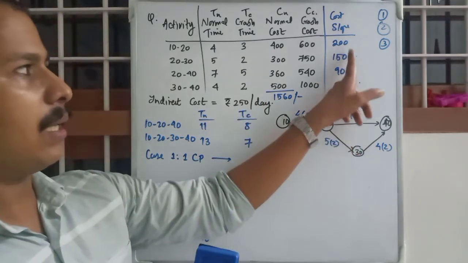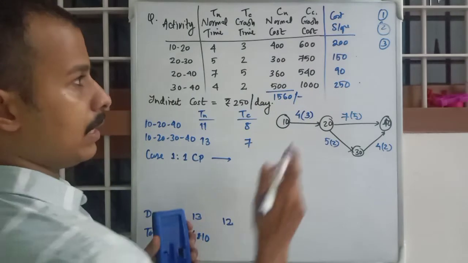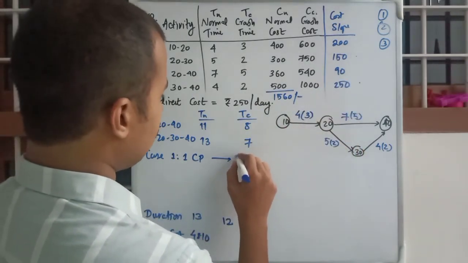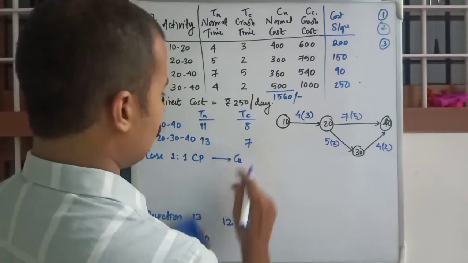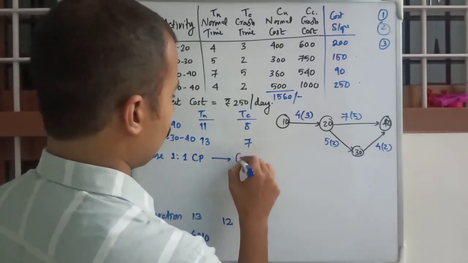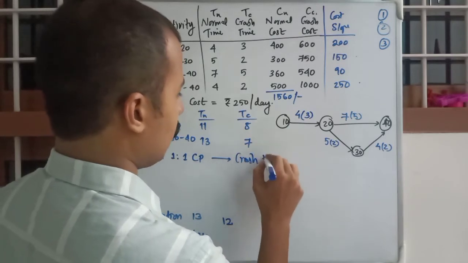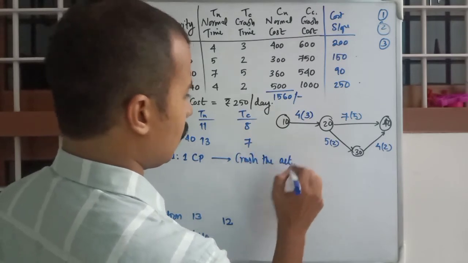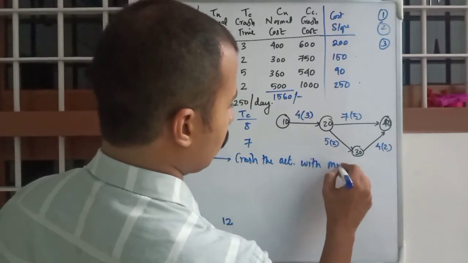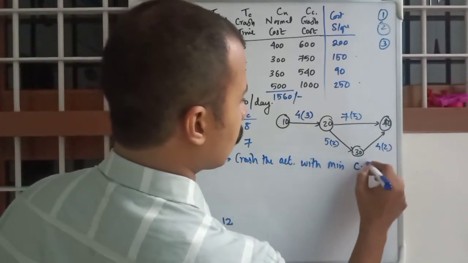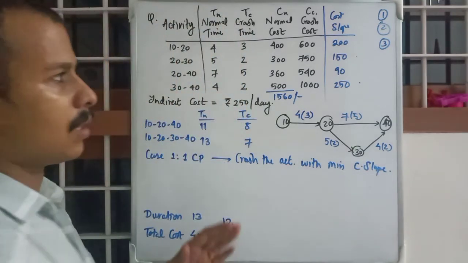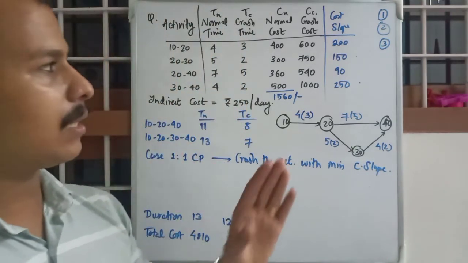Among these three, take, or crash, the activity with the minimum cost slope. As simple as that. Because as we know, the logic is clear.